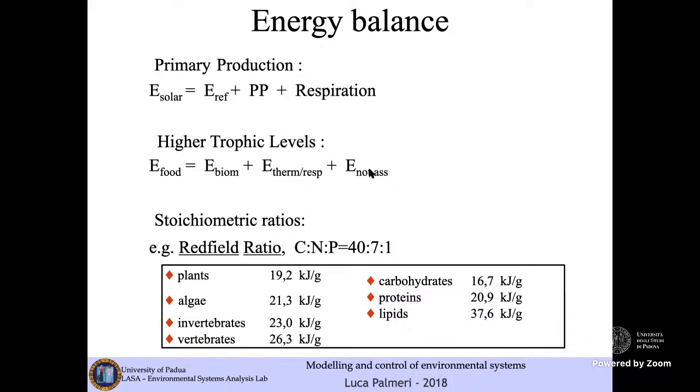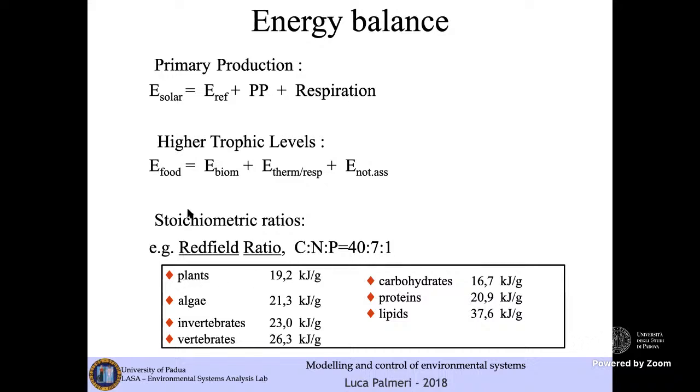For the stoichiometric ratios for carbon, nitrogen, and phosphorus, in particular the Redfield ratio that links the nitrogen and phosphorus relationship, we have that to 40 atoms of carbon correspond 7 atoms of nitrogen and 1 atom of phosphorus. And these are all consequences of the energy conservation principles.